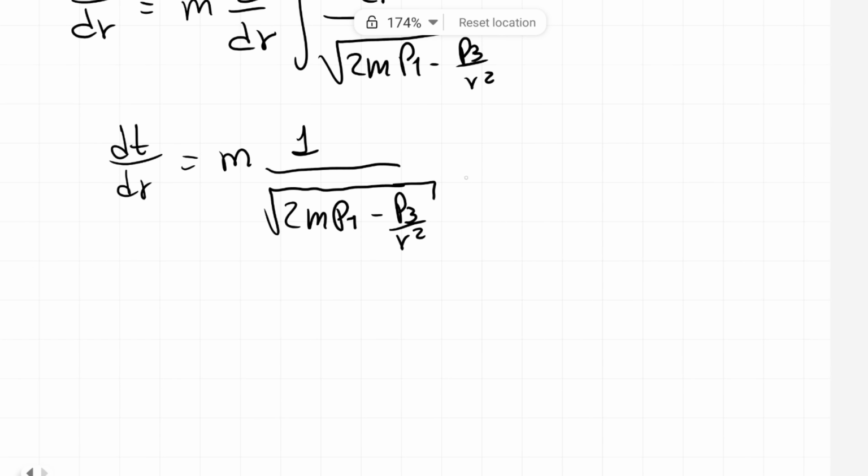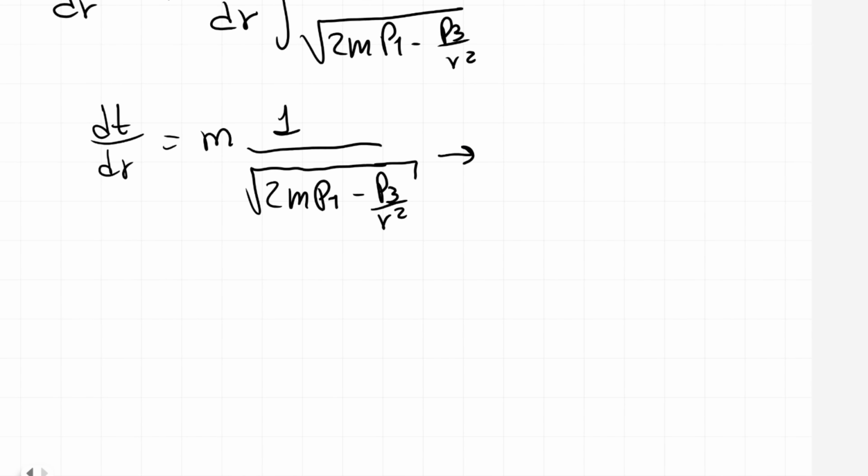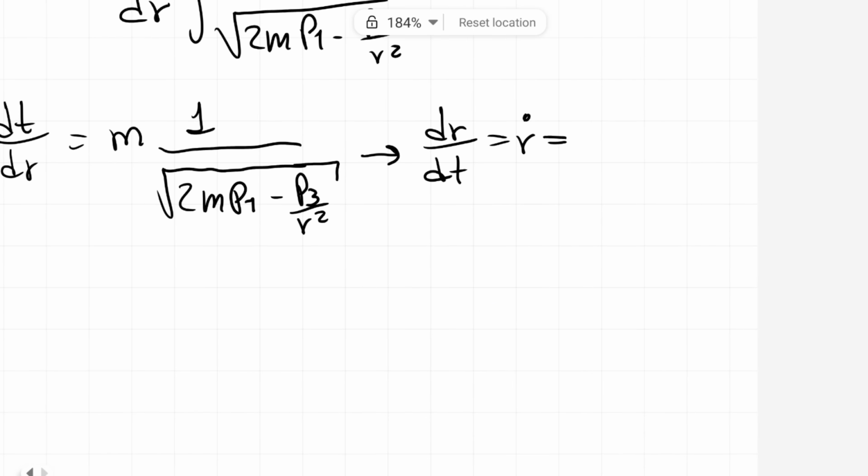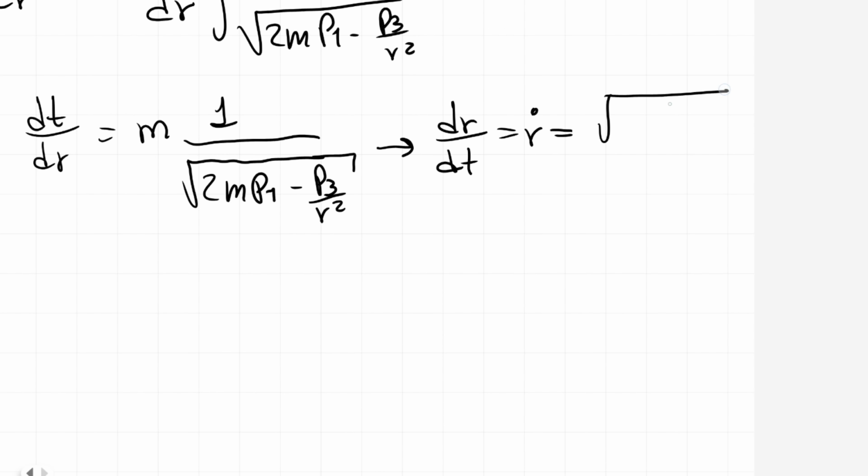And this is equivalent to the next equation. The derivative of R with respect to time, which is R dot, is equal to the square root of 2m(p1 minus P3 divided by R squared), all divided by M.